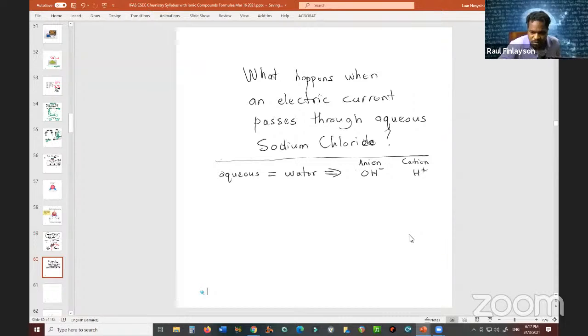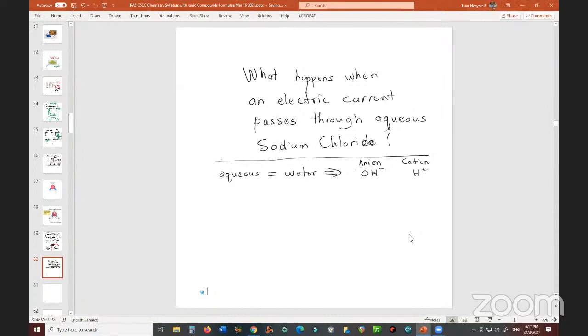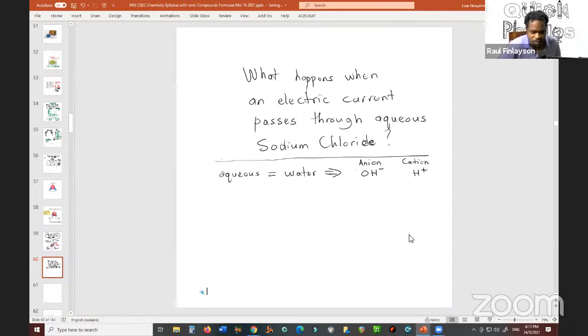Then the next thing we have is sodium chloride. What's the formula for sodium chloride? NaCl. Sodium chloride is just NaCl, no 2 or 1 or anything in there.